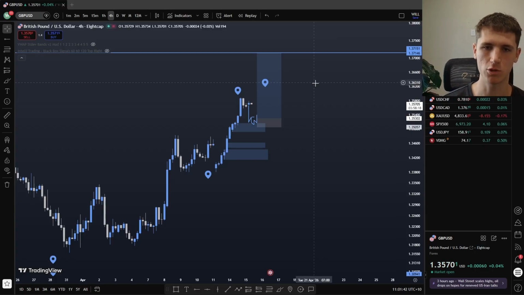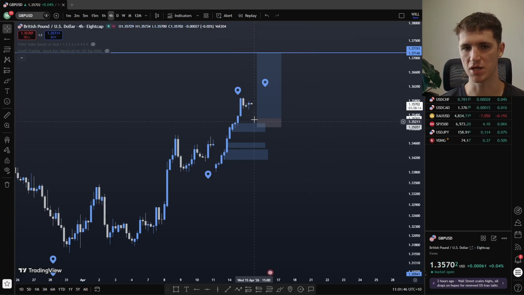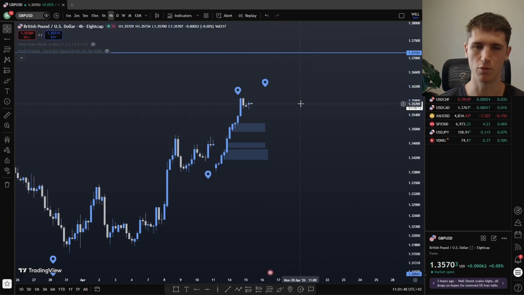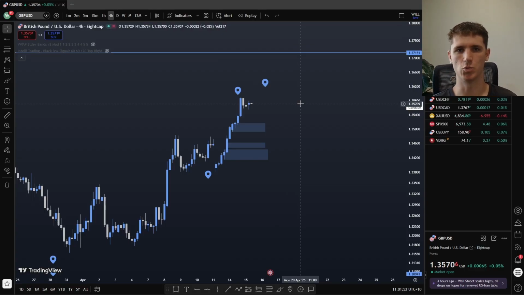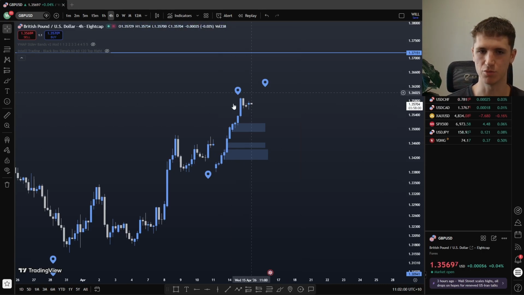But no matter what strategy you use, this sort of concept, counter trend and continuation entries, is super important. Understanding market structure, understanding fundamentals, what's actually driving price, and then being able to capitalize on mean reversion trades. So we've identified price is super extended here.